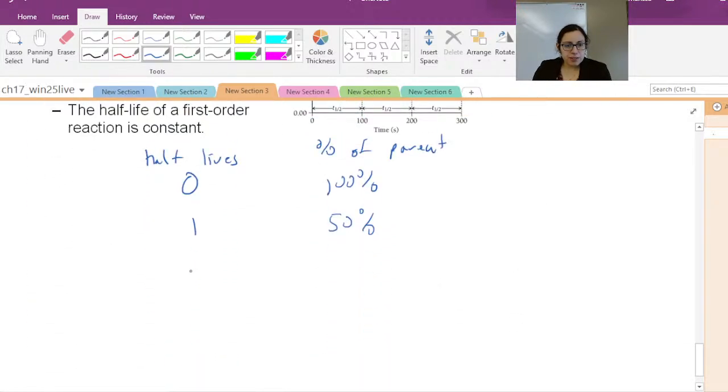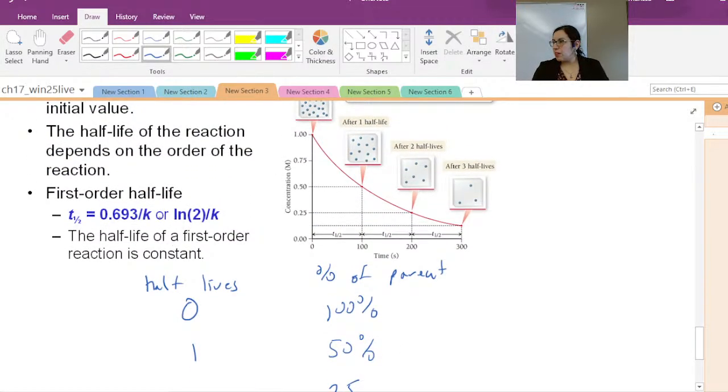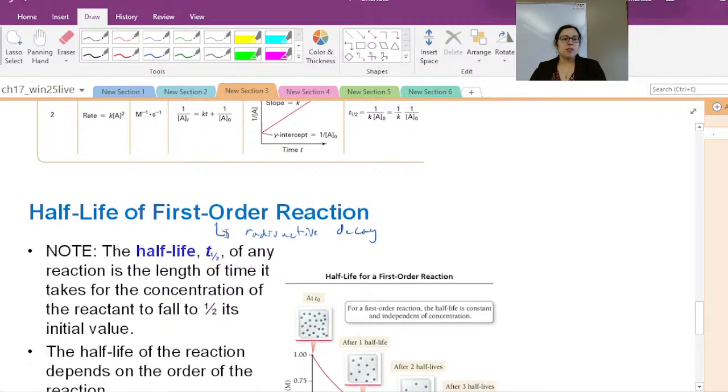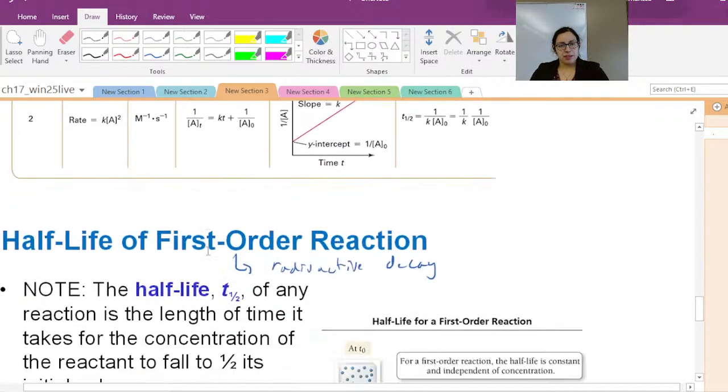And this can just keep going: 25, 12.5, etc. Or you could solve this mathematically, using either this equation or probably finding this equation more helpful as well. If you're given your initial conditions, how much is left over, you can figure out how much time has passed.